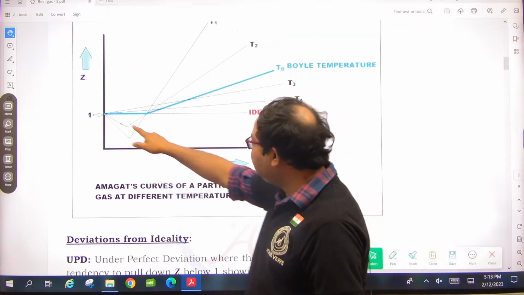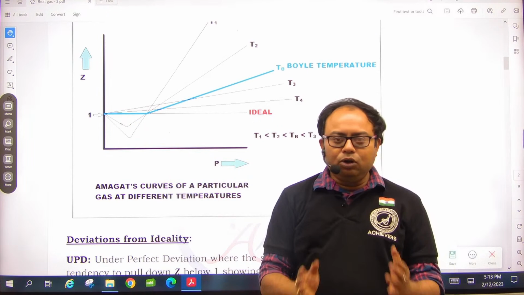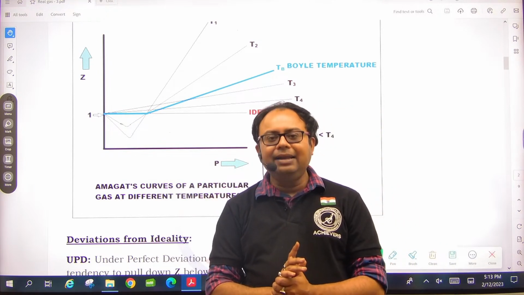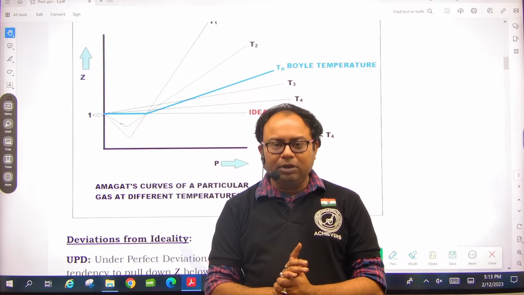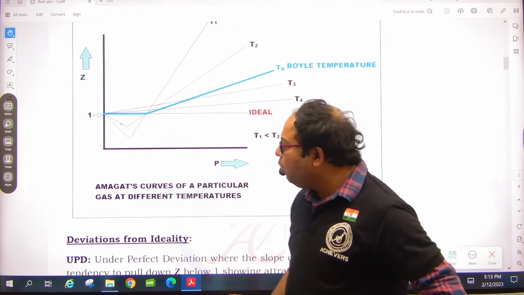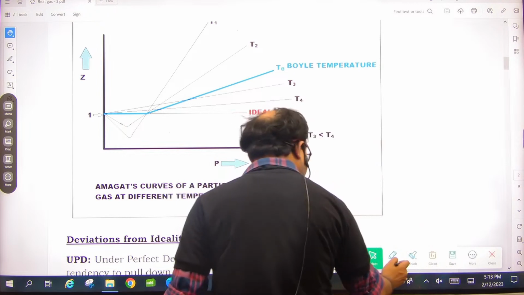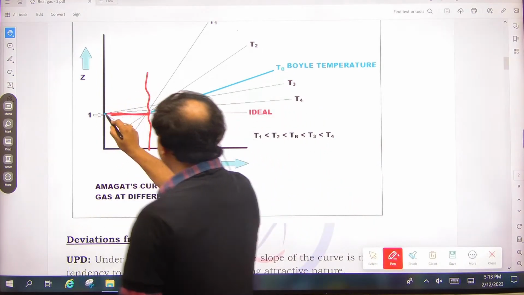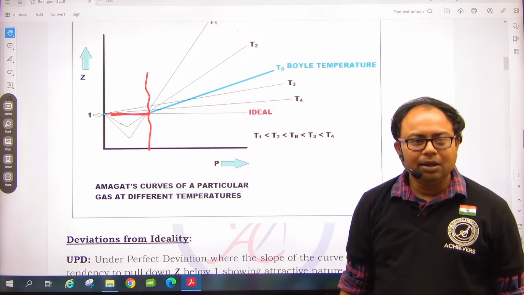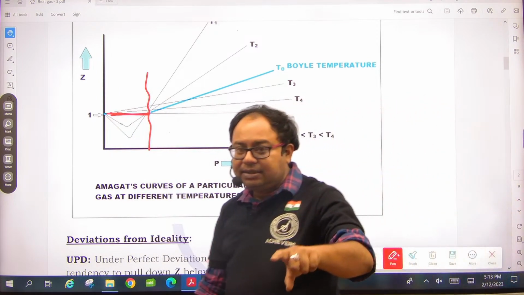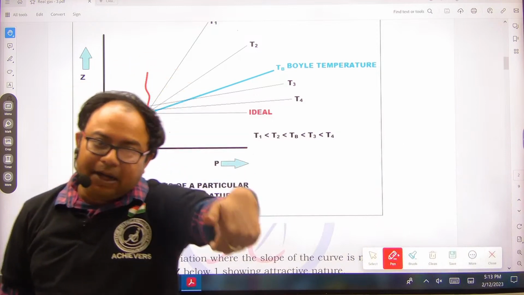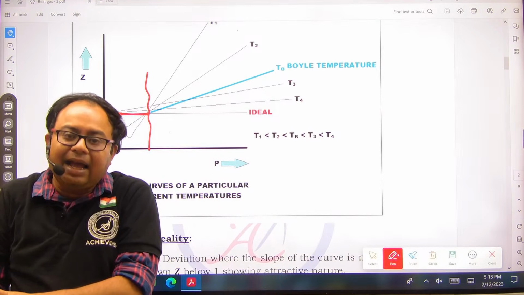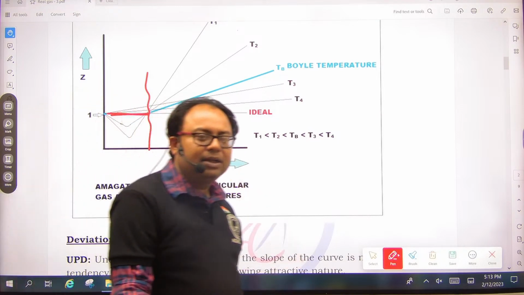At T equal to TB, you don't have any deviation from ideality. So at T equal to TB, if you maintain low pressure, you'll see there is no deviation from ideality. So Boyle temperature is the characteristic property of that particular real gas where it behaves like an ideal gas in a low pressure region.